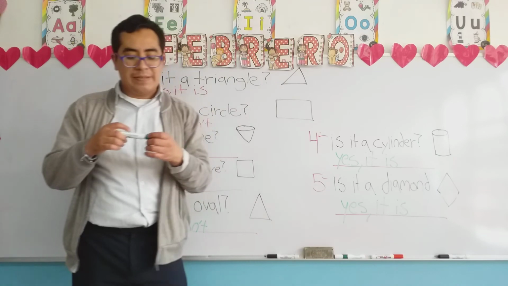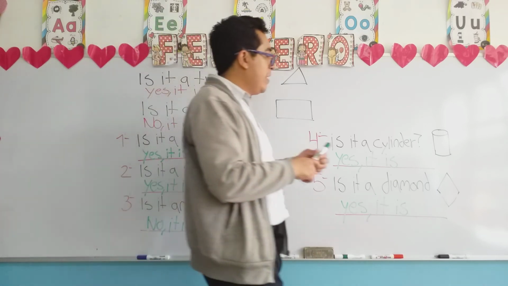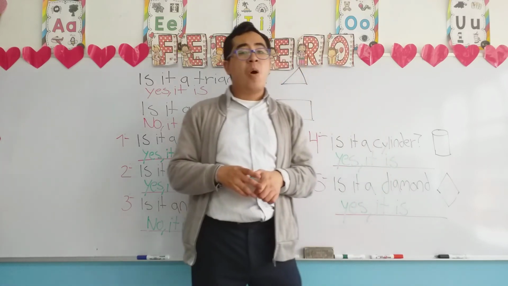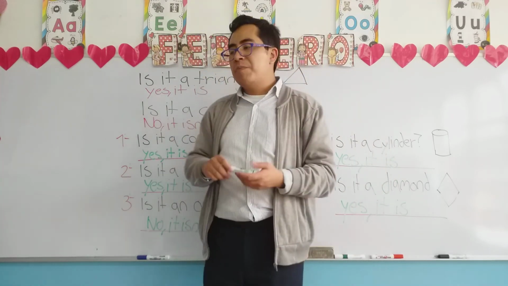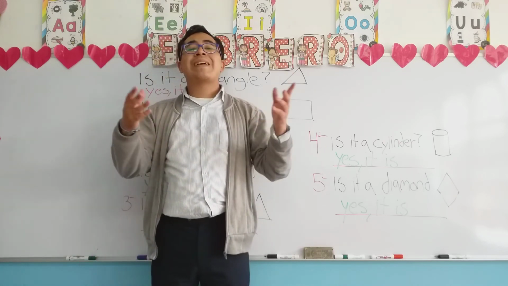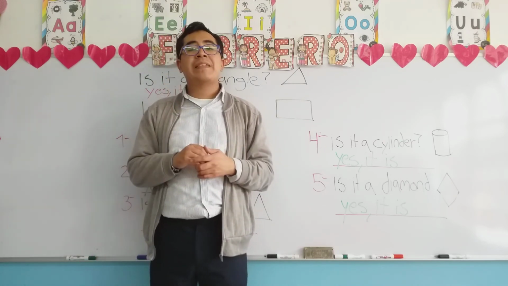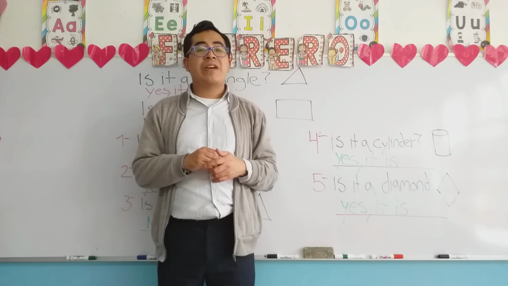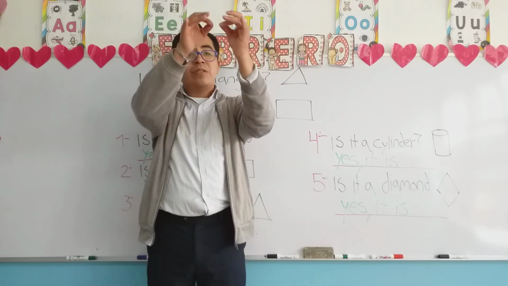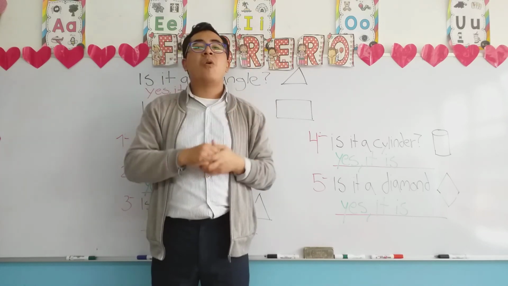Yes, it is. Now remember, it is a diamond, but the correct name of the shape is rhombus. Other types of objects that have a rhombus form are, of course, kite. Now don't forget that kite is an object that is made of paper, part of the family of toys, and contains a string so we can hold it.